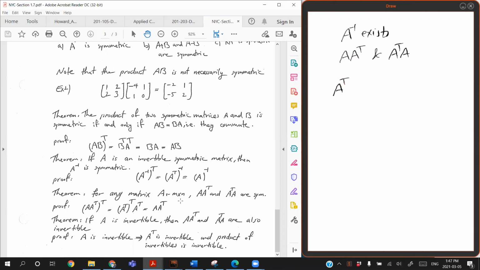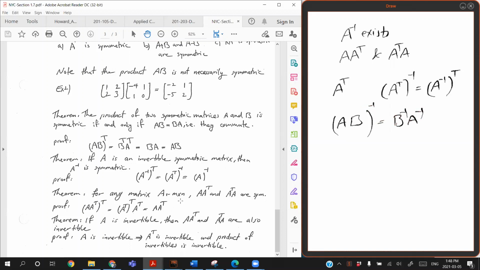If you remember, we said that if A is invertible, then A transpose is invertible and A transpose inverse is actually A inverse transpose. Then we also had this theorem that if A and B are both invertible, then the product AB is also invertible and the inverse of AB is going to be B inverse times A inverse.